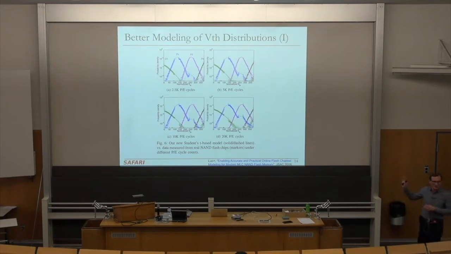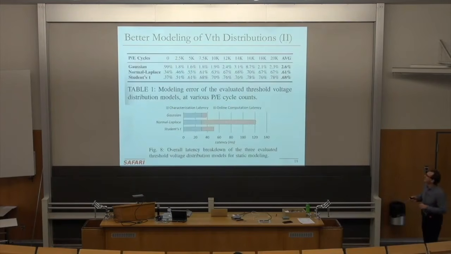So it's beautiful, actually. If you're designing a flash controller, you would know these distributions really well. Okay, so this is an example of the error rates. With the Gaussian, it's not terrible, but 2.6% is still high compared to the student's t distribution. And there's also the normal Laplace that the paper discusses. The downside is this is much harder to compute. So its error rate is low, but it's much harder to compute.